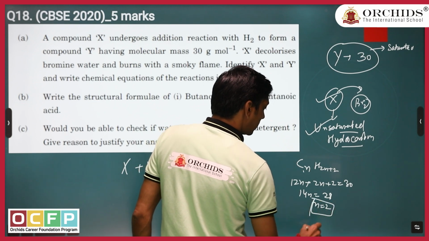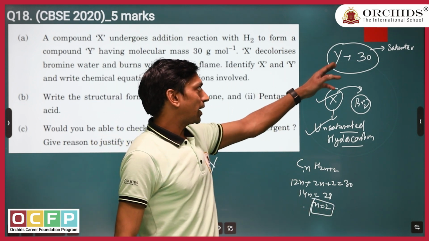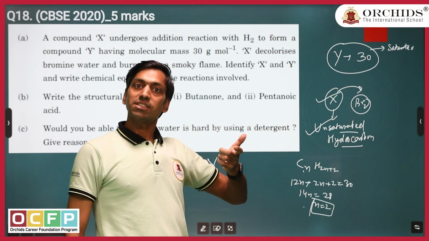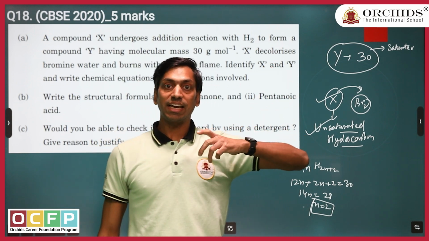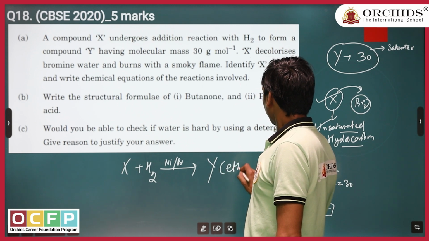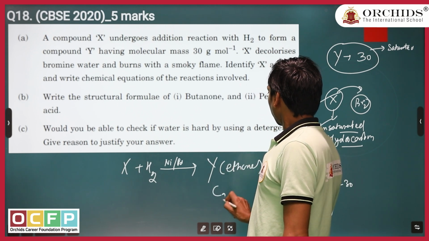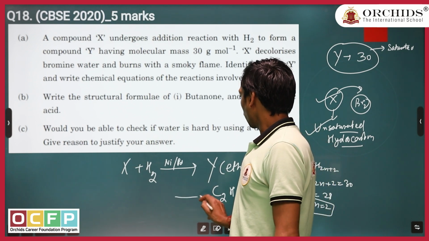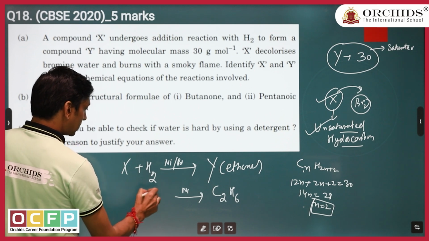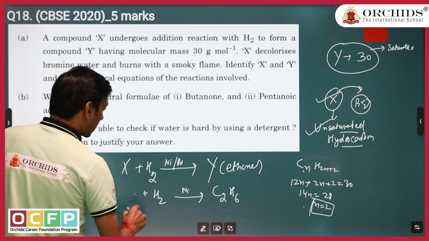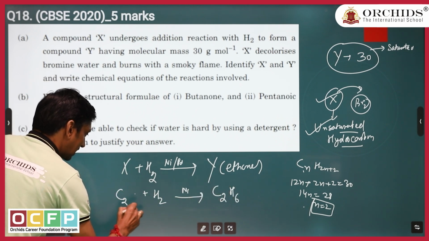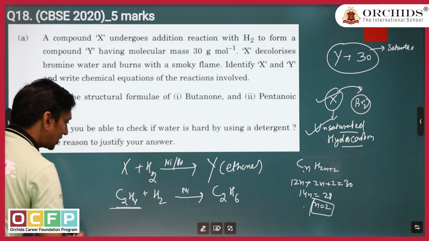So what do I conclude? Whatever saturated hydrocarbon Y is, the n value should be 2. N value 2 means eth, and saturated hydrocarbon means ane. So the name of compound Y is ethane, and the formula is C2H6. It is produced in the presence of nickel or palladium catalyst by the addition of hydrogen to the compound we have taken here, C2H4, ethene.